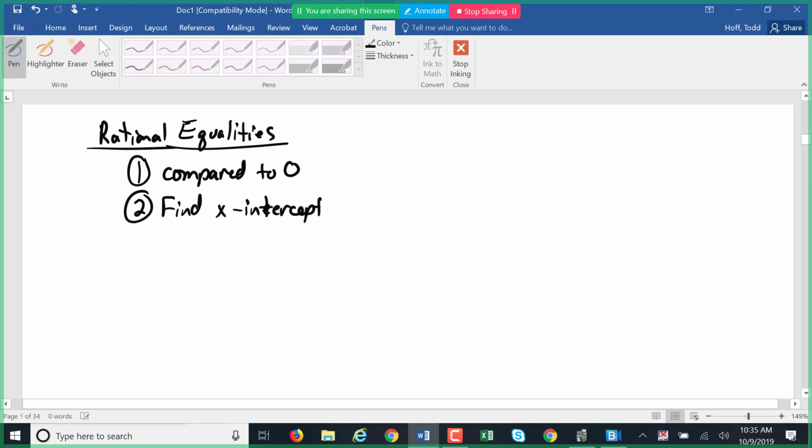And I do that by setting the numerator equal to 0. And solving. Second, I find any vertical asymptotes.